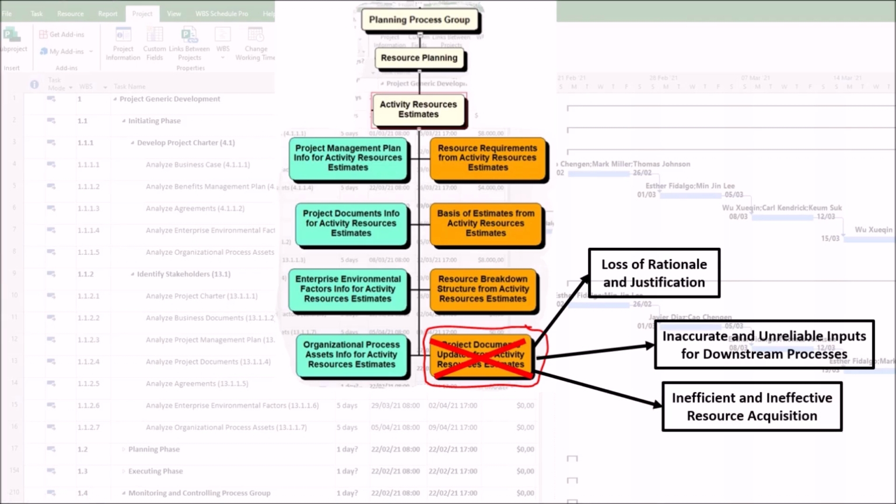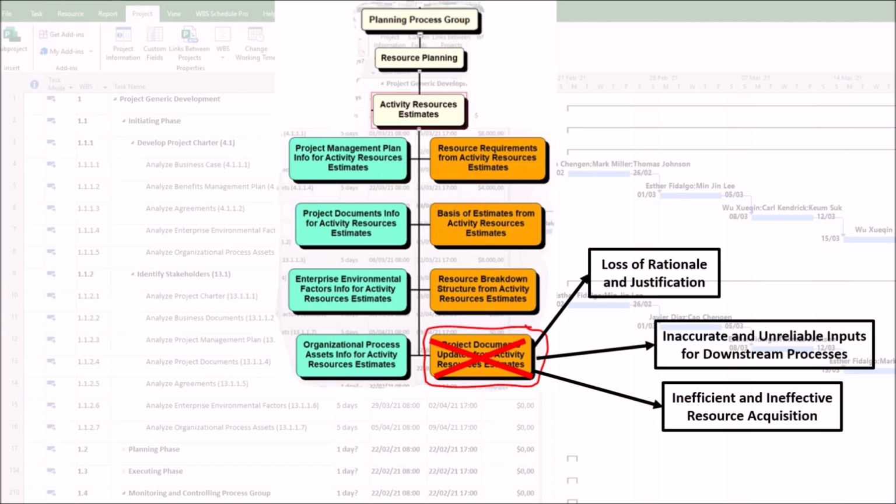3. Inefficient and ineffective resource acquisition. The acquire resources process relies heavily on the outputs of estimate activity resources. Poor documentation makes acquisition slow and fraught with error. The problem here is that without clear, documented requirements, such as specific skill levels, certifications, or equipment specifications from the updated resource breakdown structure, the project manager or functional manager has to constantly go back to the team to re-clarify what is needed.